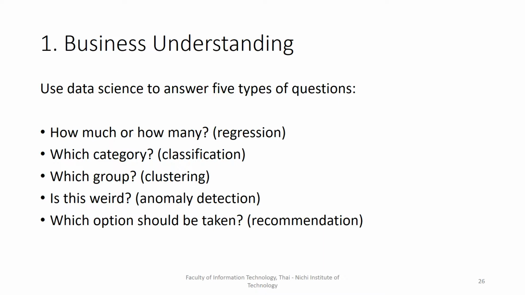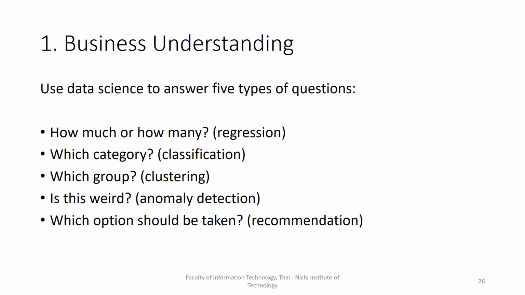And if we need a category-based answer, like if we want to categorize particular data into a particular set of categories, then we use classification. If we need to form groups, like we have different kinds of data and we need to categorize them into clusters, we use clustering.